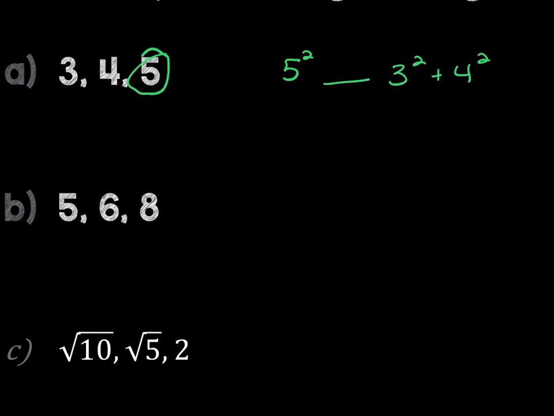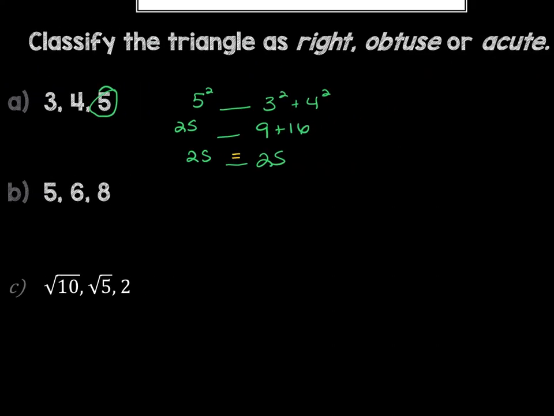Yep, solve it. So 5 squared is 25, 9, and 16. Good. And 9 plus 16 is 25. So what's true about 25 and 25? Are they equal, less than, or greater than? They're equal, which makes this a right triangle.